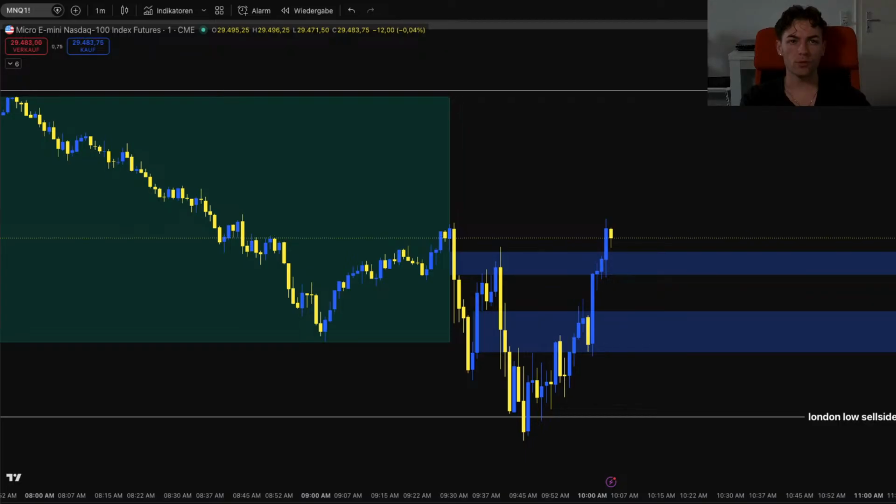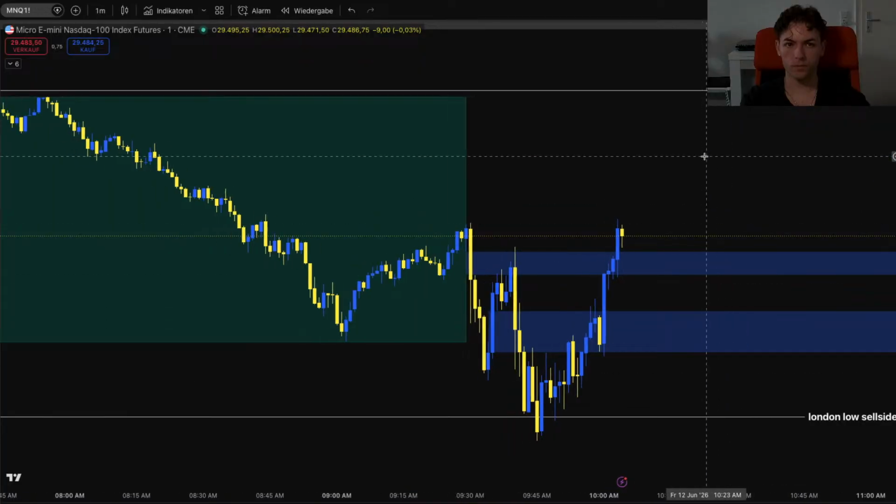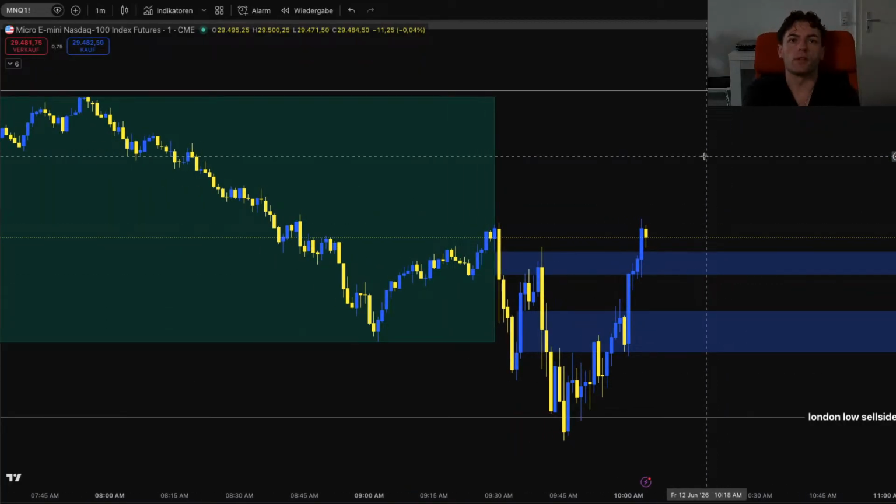Price traded back up into today's opening range gap. It's tiny, yes, but it's there nevertheless, so you've got to respect it.